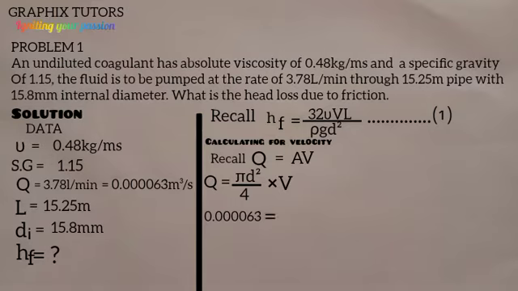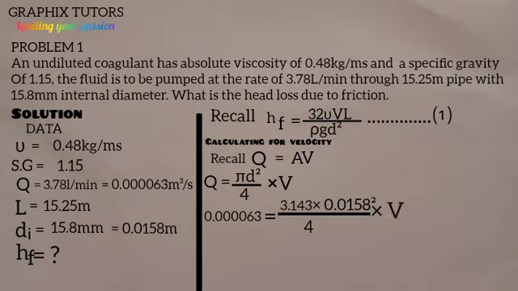pi, which is 22 over 7, can be written as 3.143, times the diameter squared. The diameter, if you convert millimeters into meters, you divide by 1000 and you have 0.0158 meter. So if I put it, we have 0.0158 squared divided by 4 times the velocity.